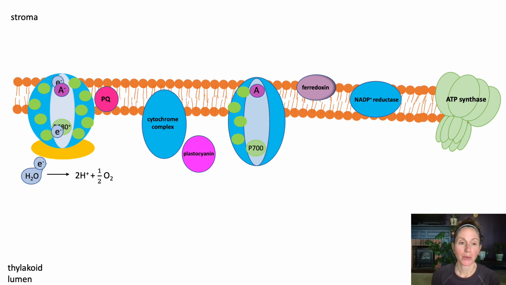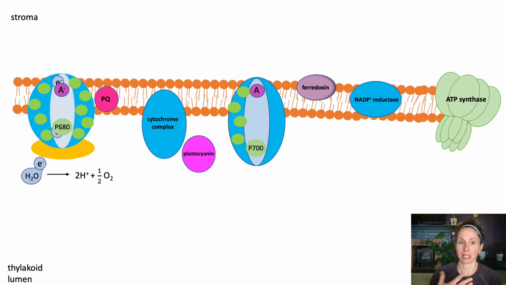And so the P680 plus takes an electron because, again, it is so electronegative. And now it is back to just being P680 because it no longer has that positive charge because it took the electron.